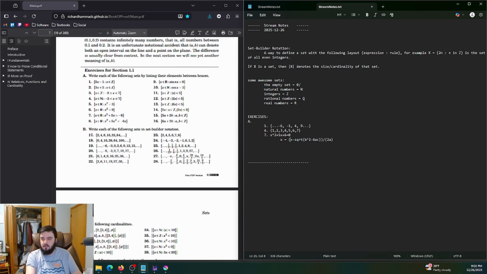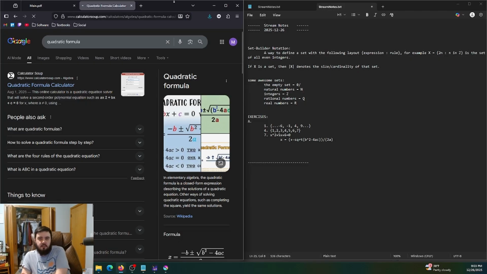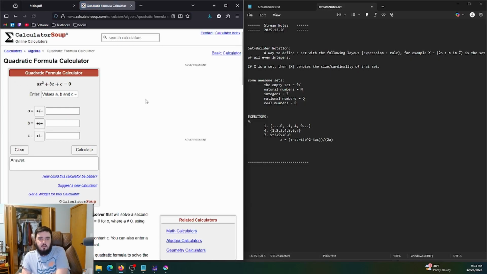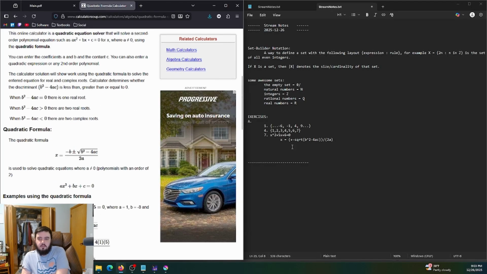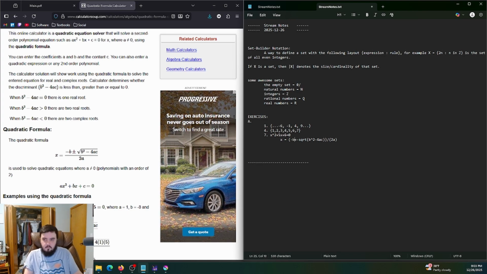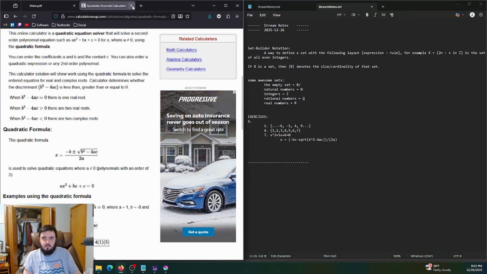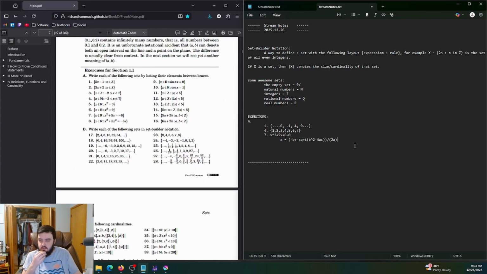But what is the first thing? Is it negative b? It's like negative b plus or minus the square root. Damn, let's look it up. All right, quadratic formula. No. Negative b. It was negative b. Beautiful. Okay, negative b plus or minus the square root.